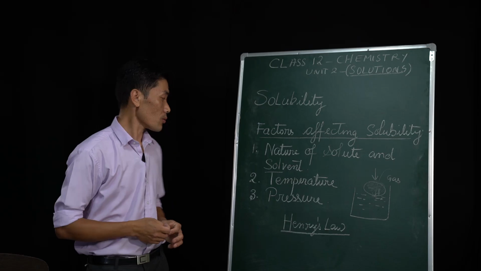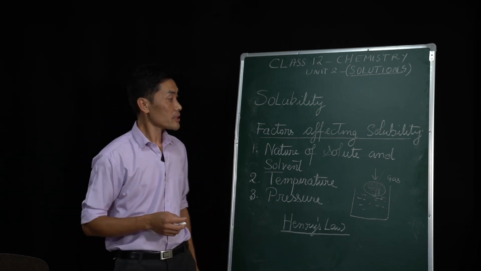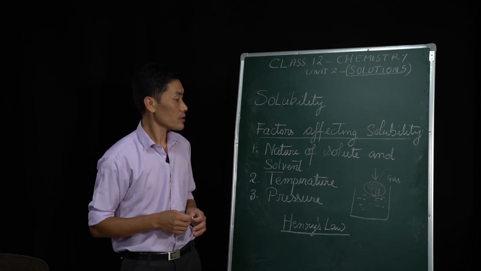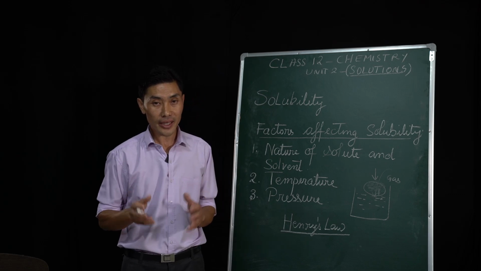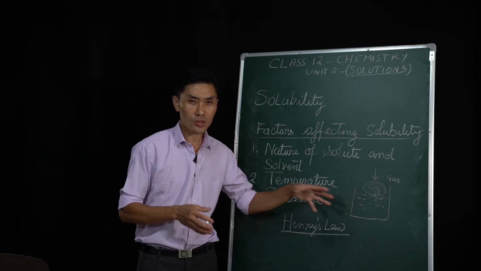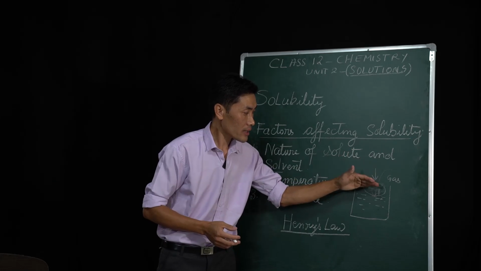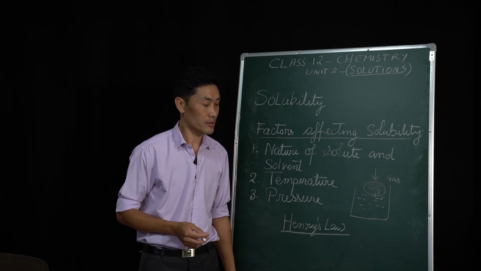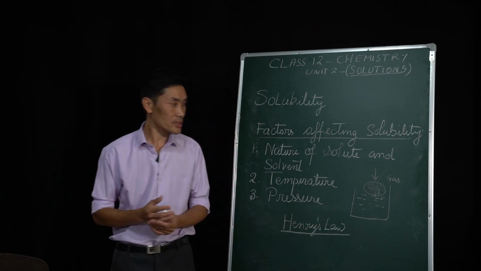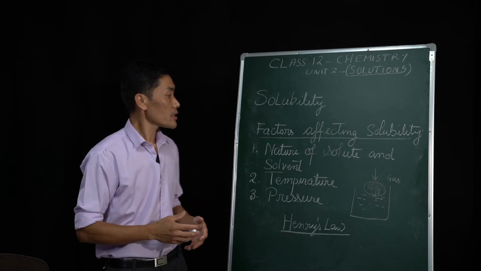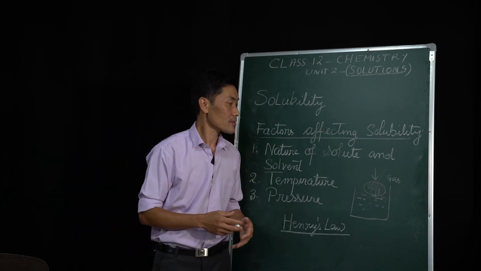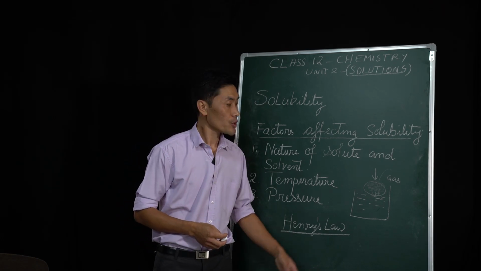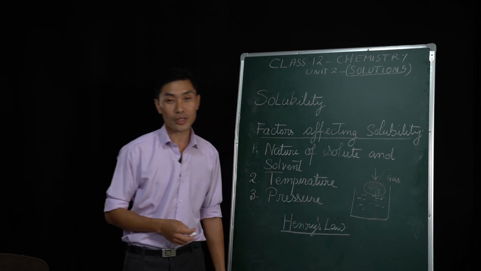Now, according to Henry's law, at any given temperature, the mass of gas dissolved in a liquid is proportional to the pressure of the gas in equilibrium with the liquid. So, the more the pressure that is applied on the gas, the more of it that gets dissolved in the liquid.